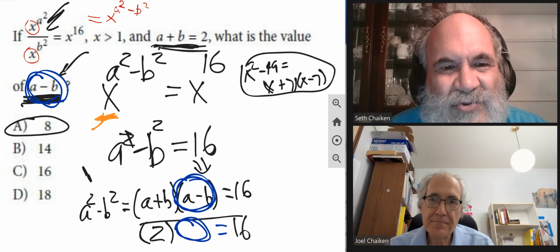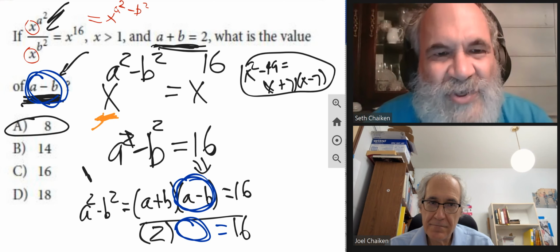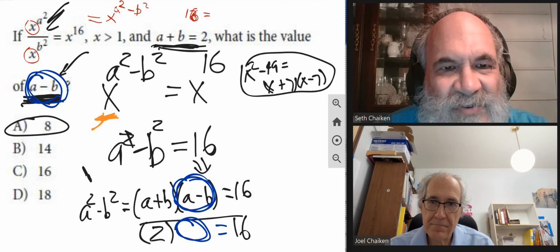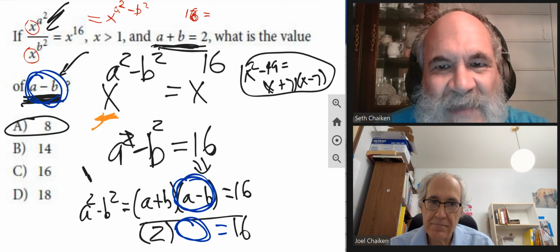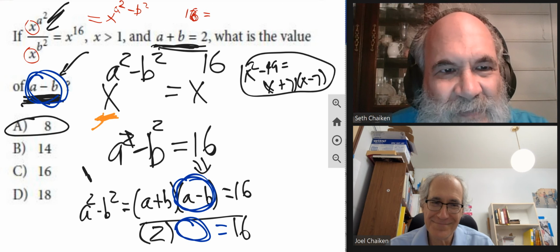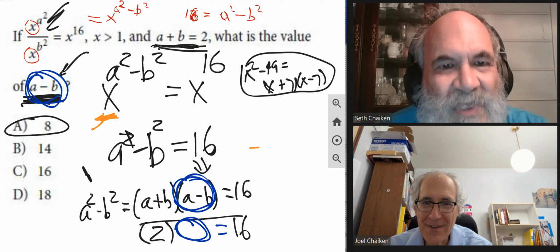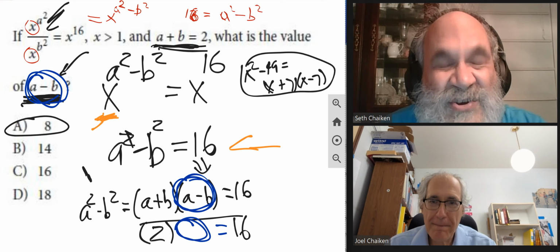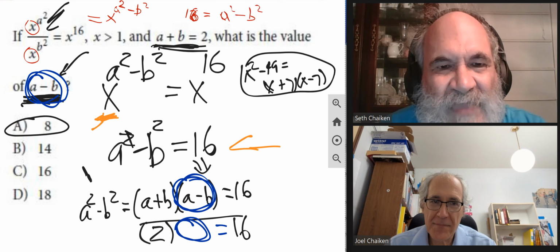So in this problem, 16 equals a squared minus b squared. And then you just follow your nose that the problem gives you one piece of information, a plus b equals 2. And the question is, what is a minus b?